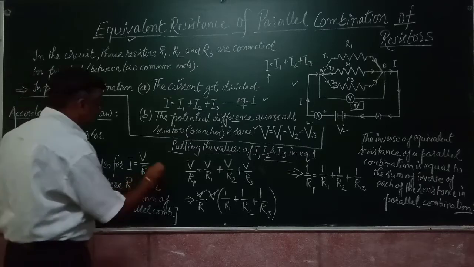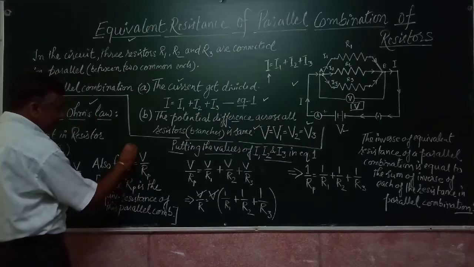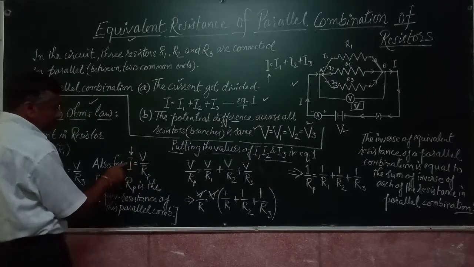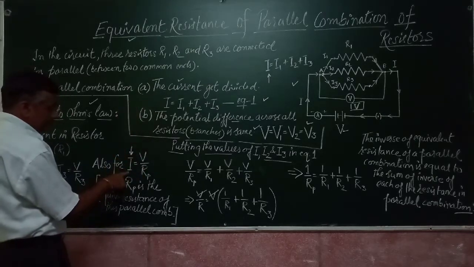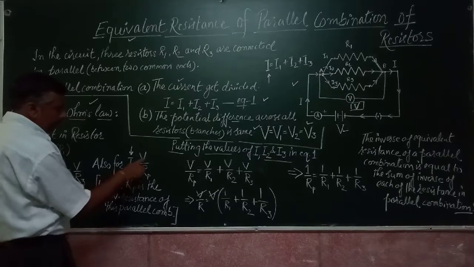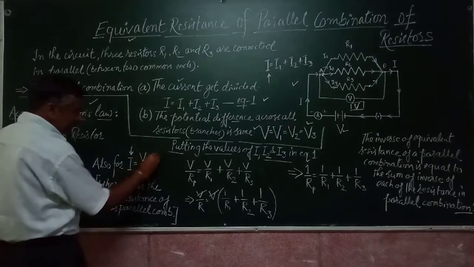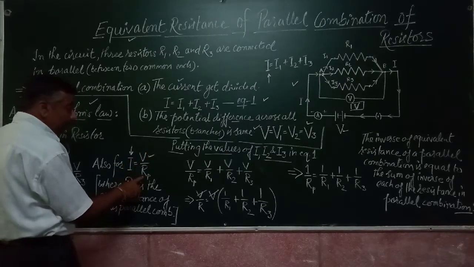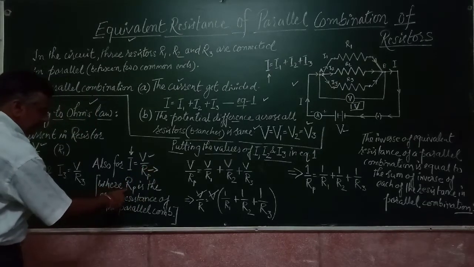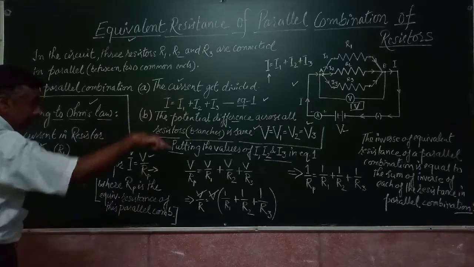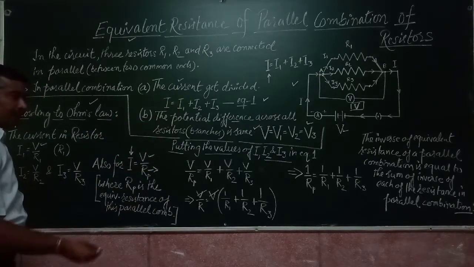Now to find the total current I, we apply Ohm's law to the whole circuit. So I, the total current, equals the potential difference given by the battery upon Rp. Now what is Rp? Rp is the equivalent resistance of this parallel combination. What is equivalent resistance?